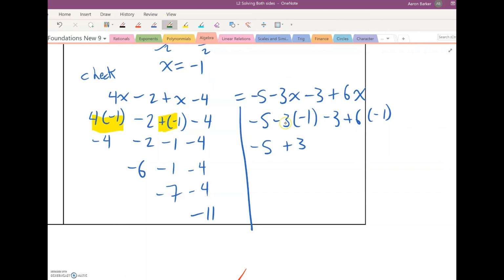I have to multiply these together, and I included that sign in front of the 3, -3 minus 6. So again, I'm multiplying this whole thing together to fix my sign as a -6. -5 plus 3 is -2.